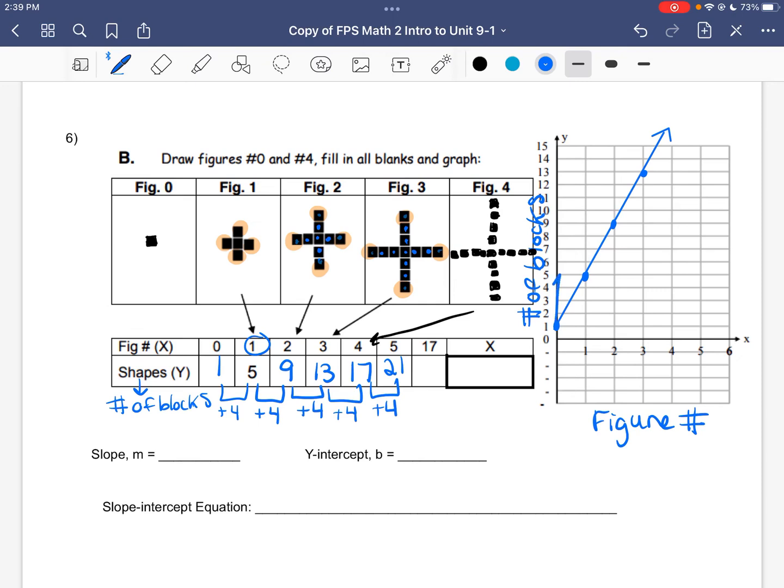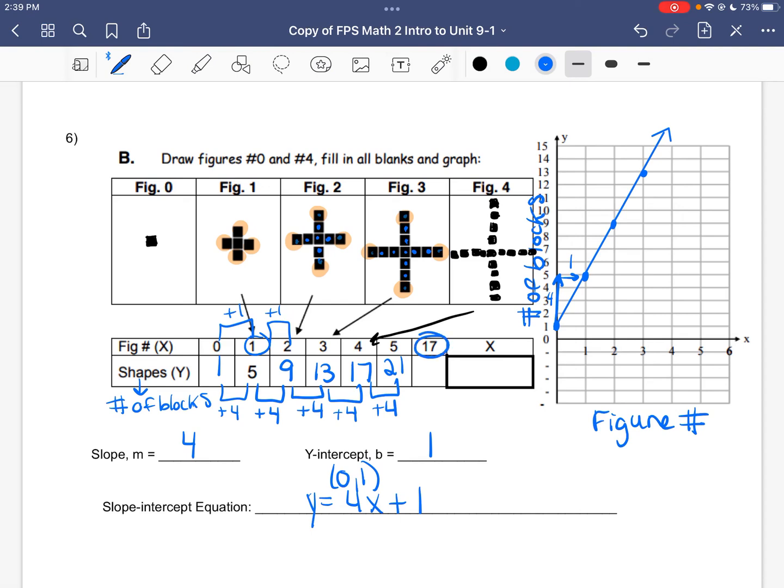So my slope is going to be up 4 over 1, because remember, slope is rise over run, or y over x. So I get a slope of 4. My y-intercept is going to be 1 because I have the point 0, 1. And then when I write my equation, I get y equals 4x plus 1.